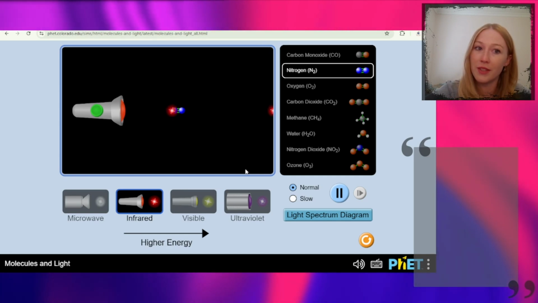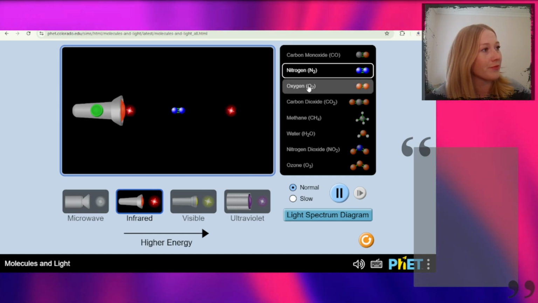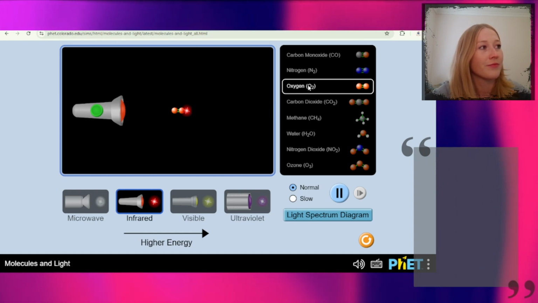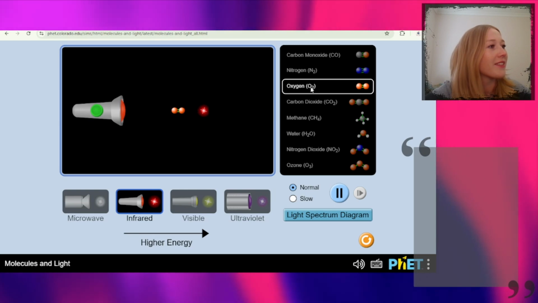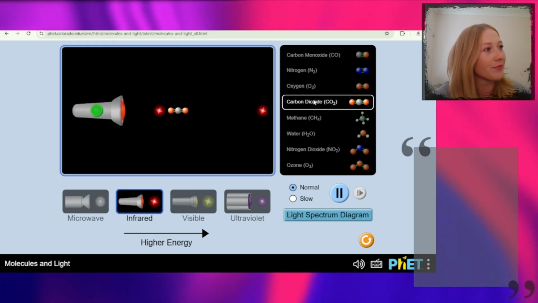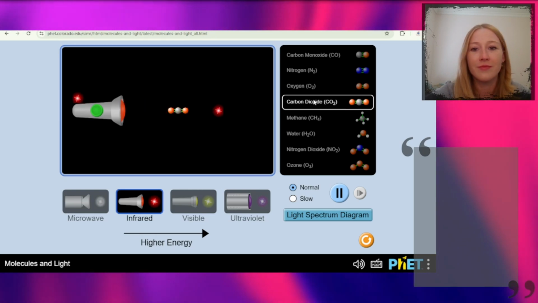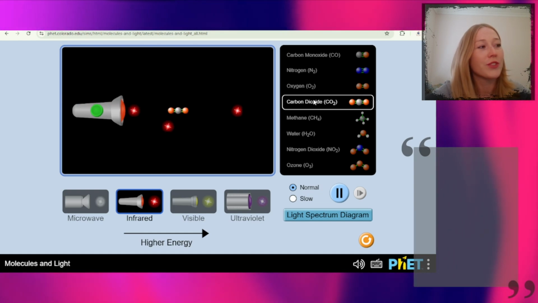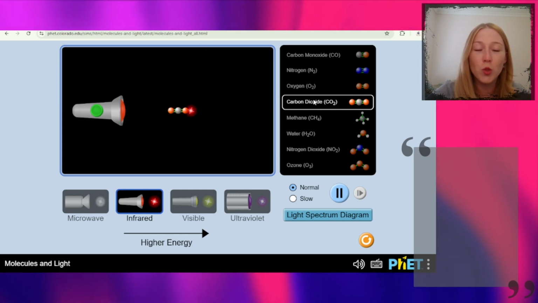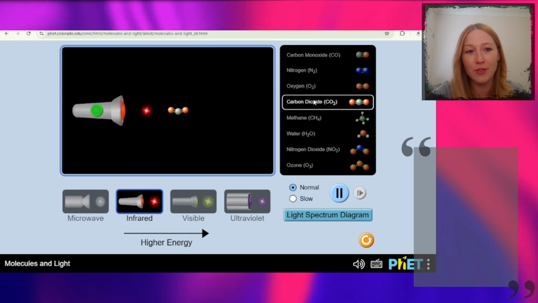Okay, nothing in nitrogen, nothing in oxygen. And now let's get to carbon dioxide. Okay. Do you see how the molecule absorbs and re-emits this infrared energy?